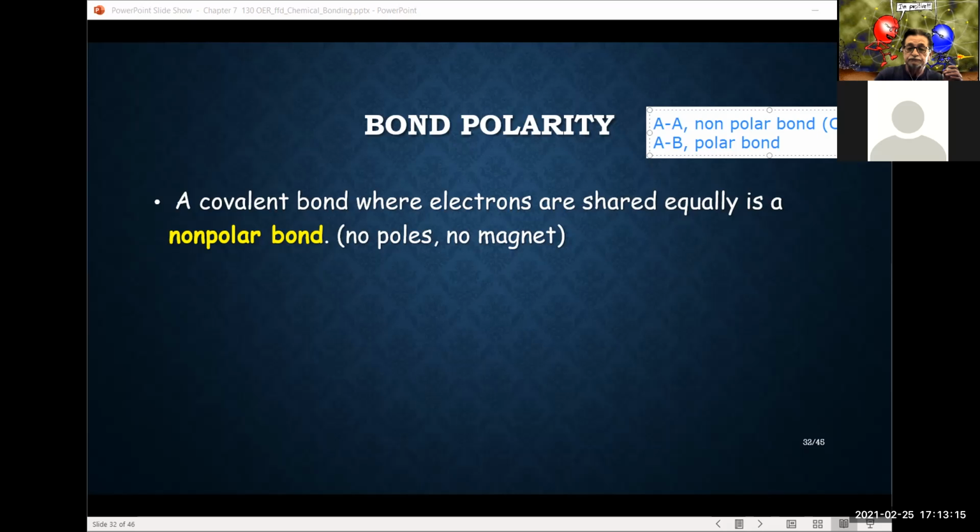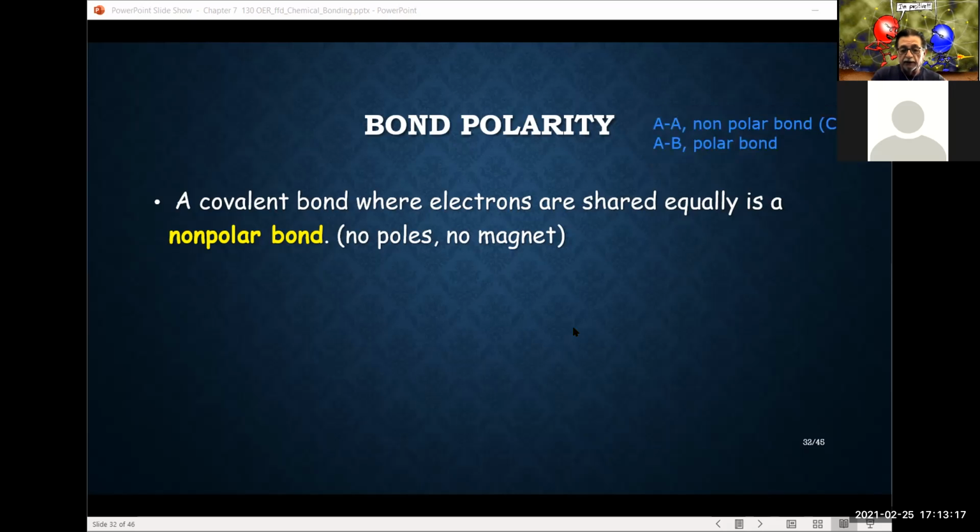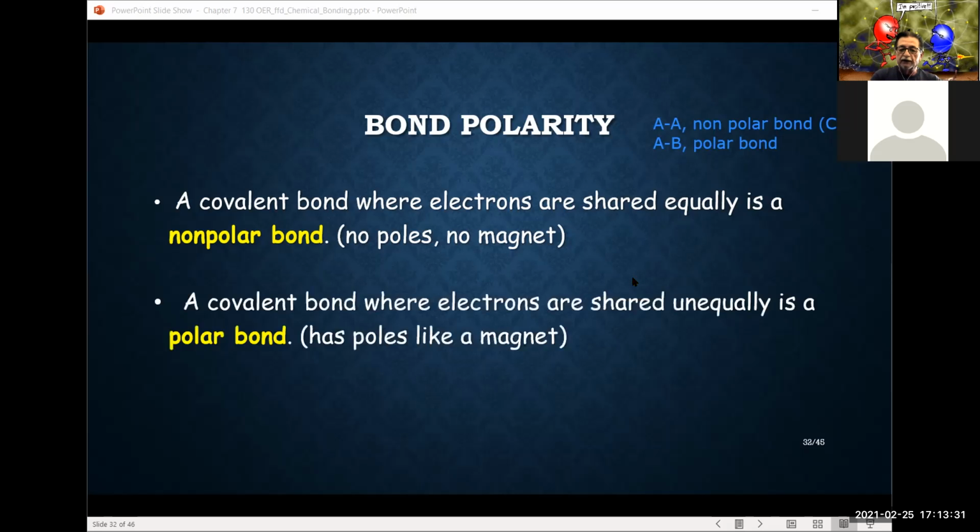That's it. And what do we mean by polar? Well, it's polar because we end up with, you could say, the north and south pole, but we're going to talk about a partial negative side and a partial positive side. And that is related to the electronegativity. So equal sharing gives you nonpolar bonds.